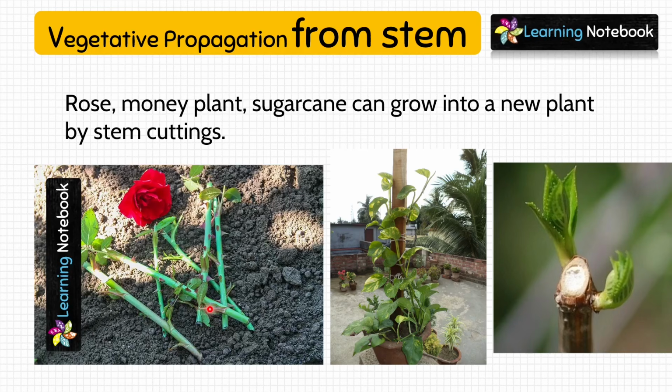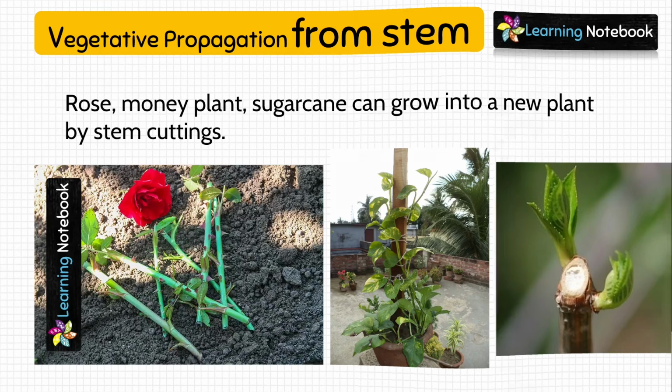If we put them in the soil and provide them with air, water and sunlight, then these stems will reproduce. That is, they will grow into a new plant. Same for money plant and sugarcane. They can reproduce by stem cuttings.